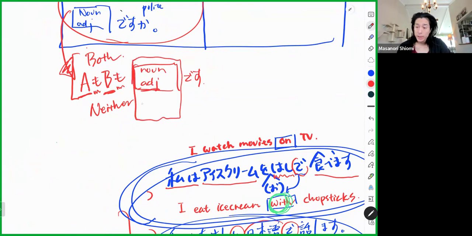If you want to say both McDonald's and Burger King are not delicious, just conjugate 美味しい to negative here. 美味しくないです。マクドナルドもバーガーキングも美味しくないです。Both are not good.